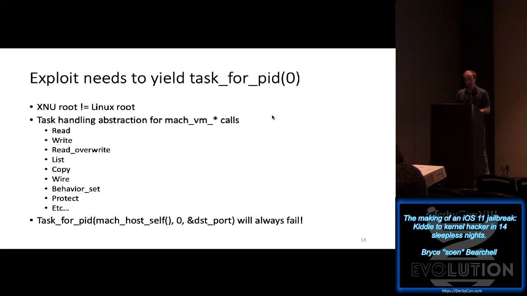What task for PID does, if you are familiar with ptrace on Linux, is give you introspection into another process. And so when we say task for PID 0, we want to talk about that kernel task shown previously in that graph. So that lets us look into the kernel structures and see what's going on and play with those structures. And you can do anything, like you can do crazy things with these mach_vm_* calls.